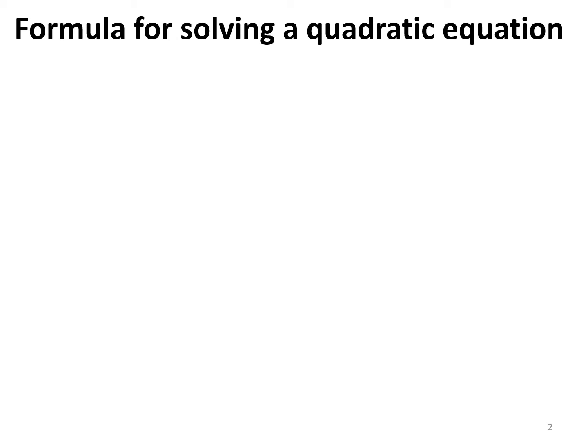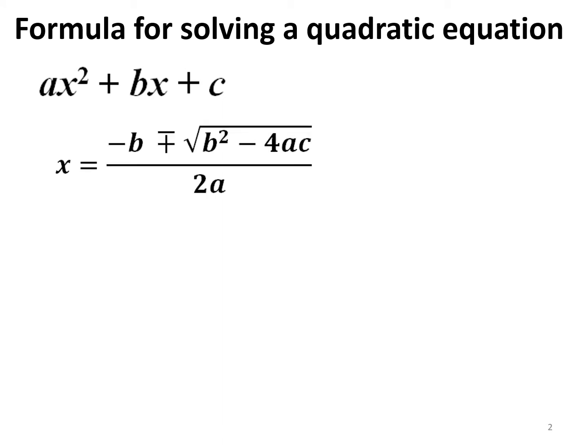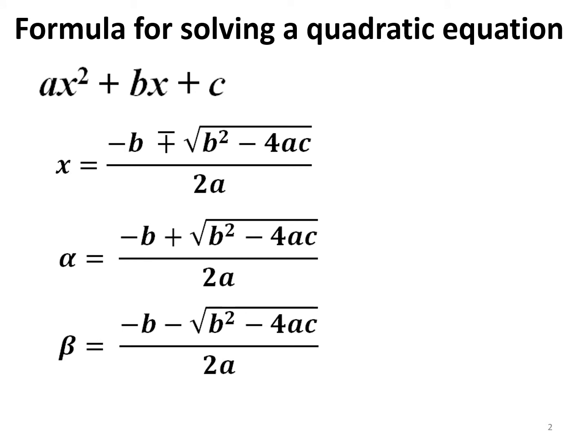The general quadratic equation or the expression is ax square plus bx plus c. So the roots of the equation are x is equal to minus b plus or minus under root b square minus 4ac upon 2a. Since it is plus and minus, we get two values.